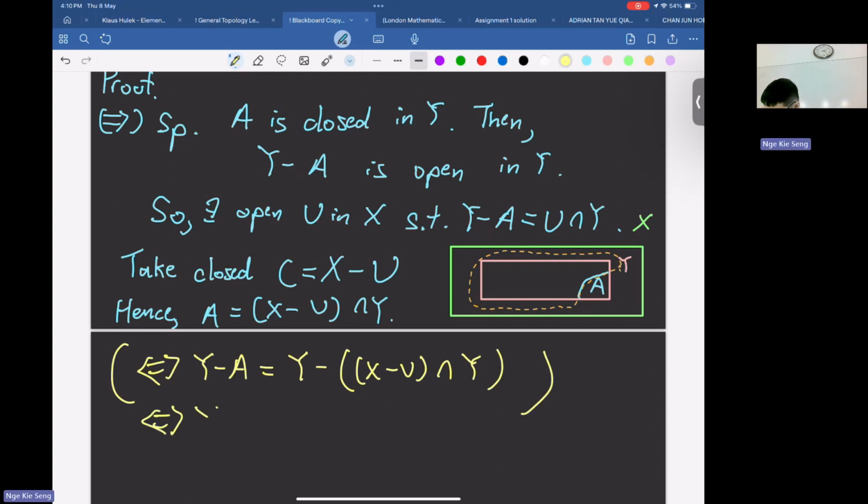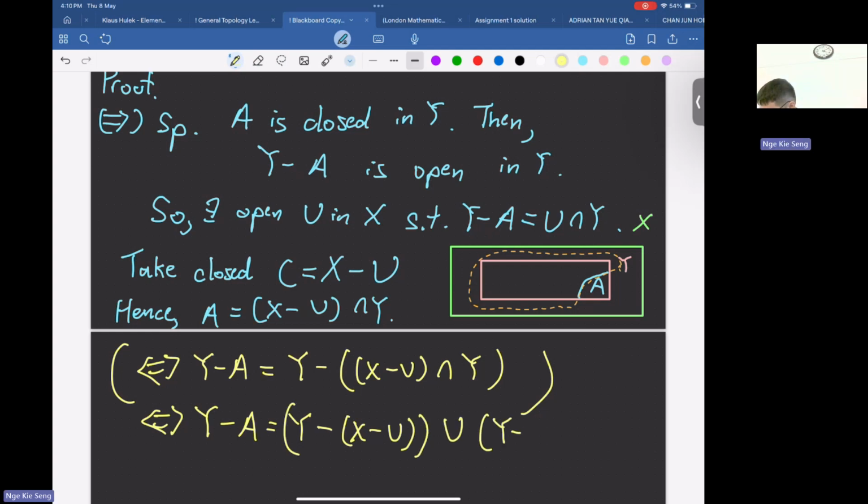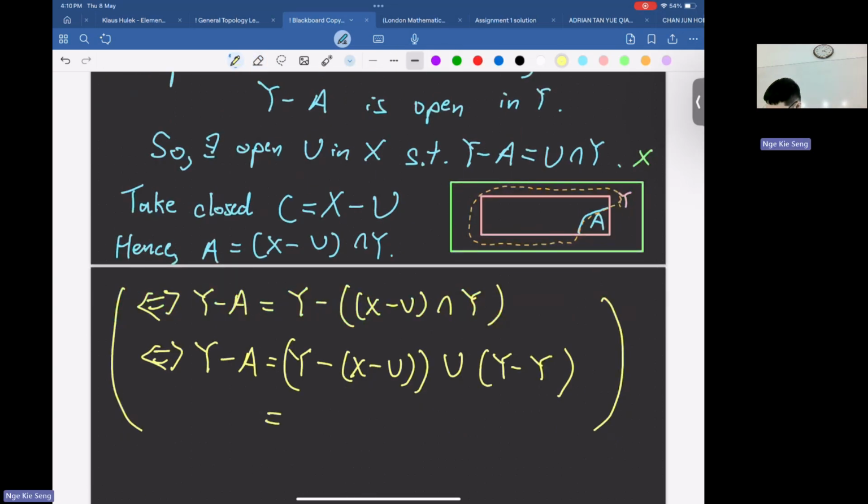This is true if and only if Y minus A equals Y take away X take away U union of Y take away Y. Correct? And then this is equals to what?